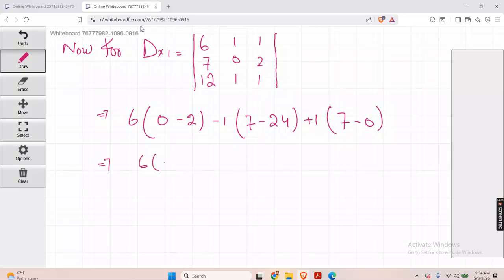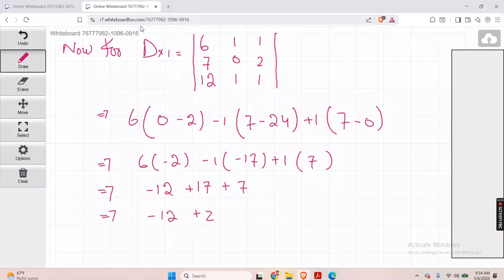So we have 6 into -2 minus 1 into -17 plus 1 into 7. So we have -12 plus 17 plus 7 minus 12 plus 24. dx1 is equal to 4.